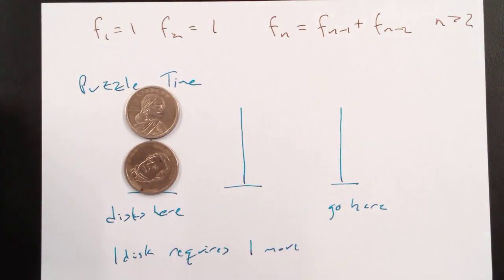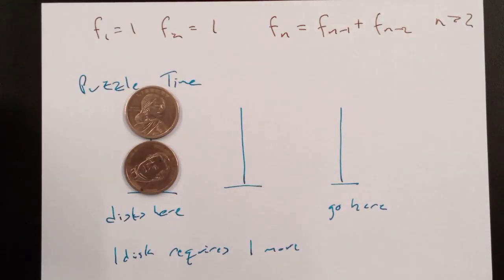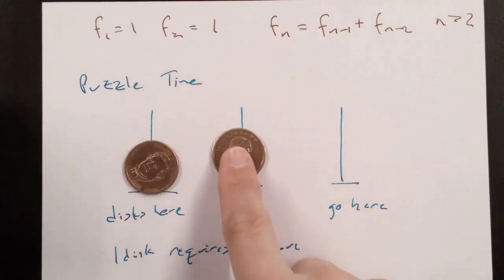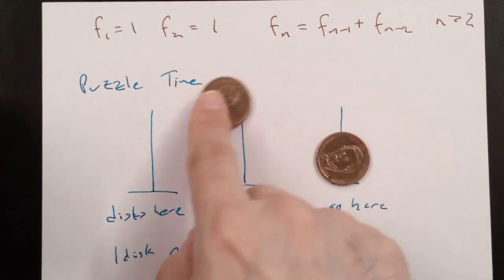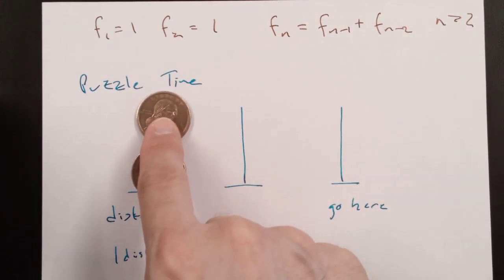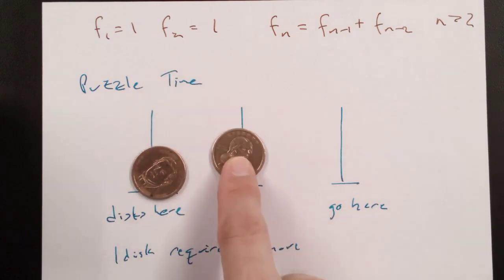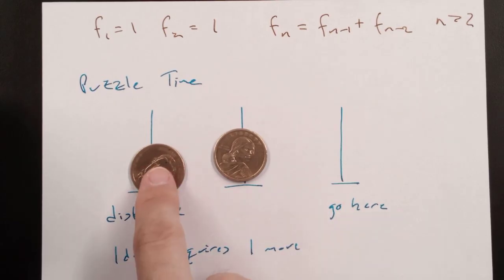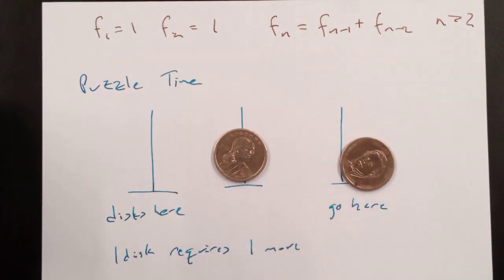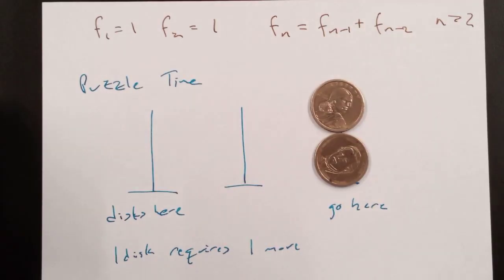So we'll make believe that the one on top at the moment is smaller. If I have two discs, how many moves does it take? Why? So I have to move the stack on top here. That takes one move. Then I have to move the last disc over, and then it takes one move.